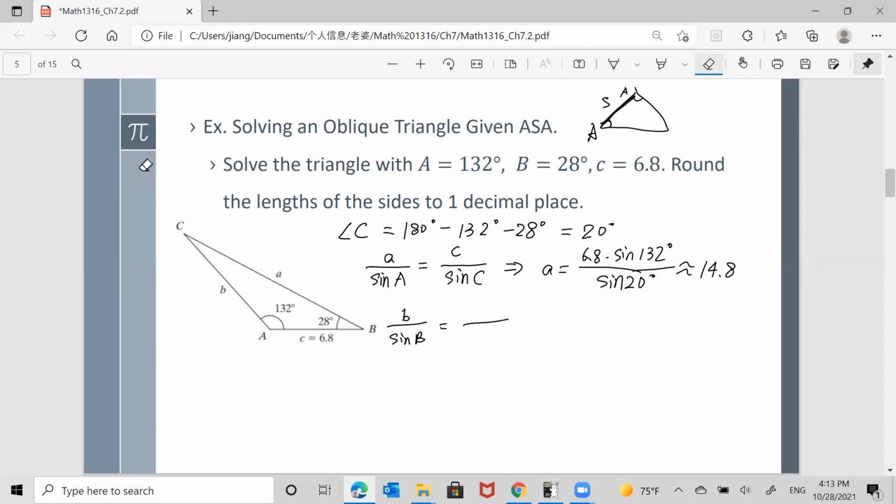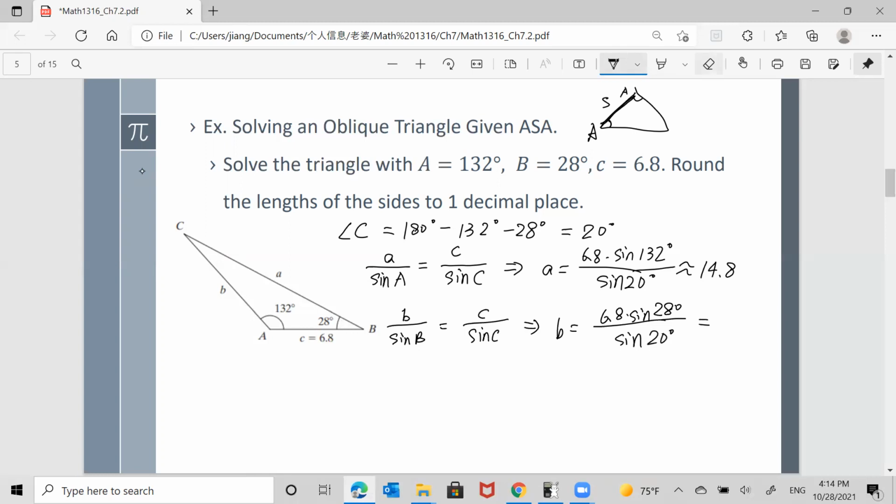I'd better just write down the formula. c over sine C. That means b equals c, which is 6.8, times sine B. Sine B is sine 28 degrees, divided by sine C. Sine C is sine 20 degrees.